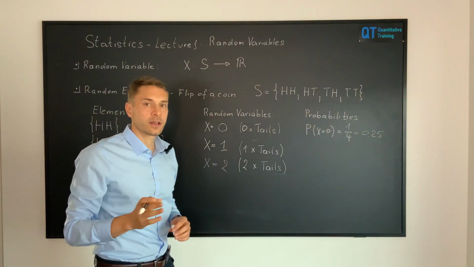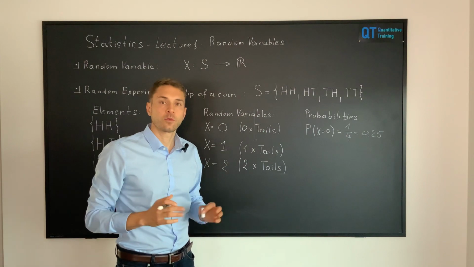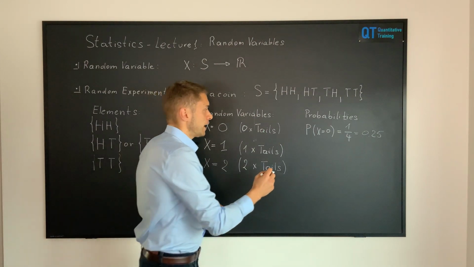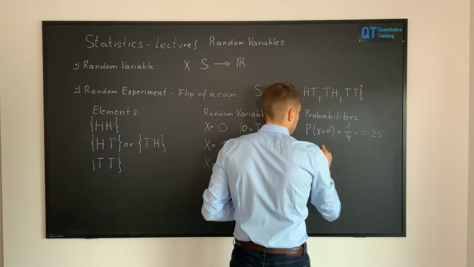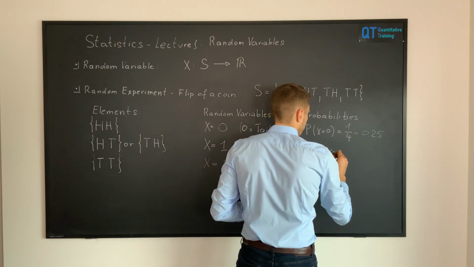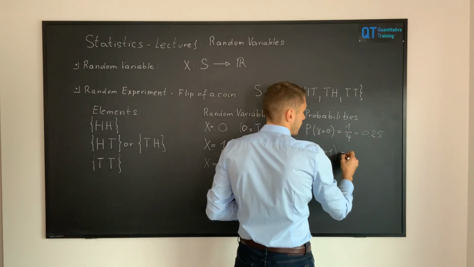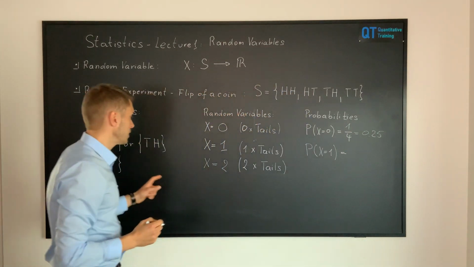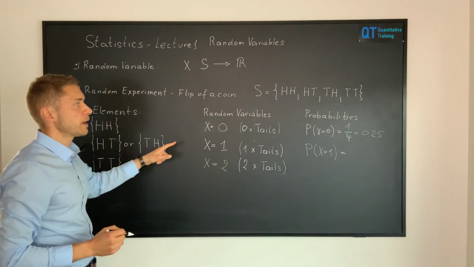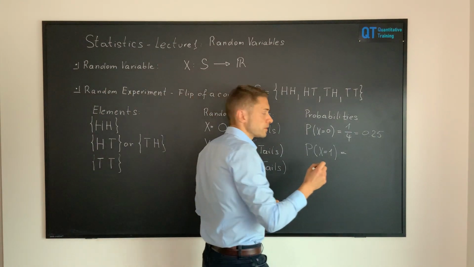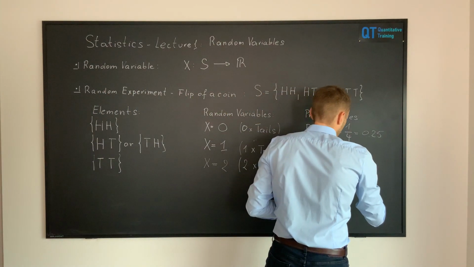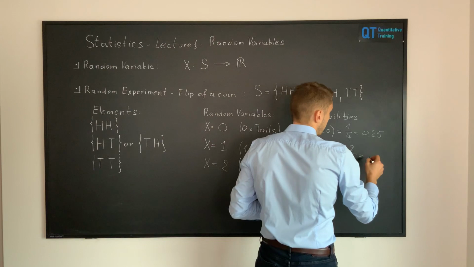Then we can ask for the probability of obtaining 1 time tails, the probability of x equals 1. Here again we count: we have 2 elements that we divide by the 4 elements of the sample space. So this is 1/2 or 0.50.